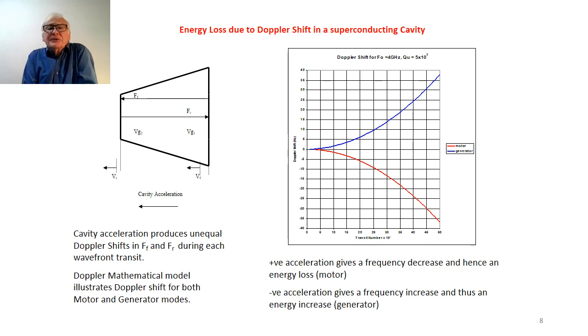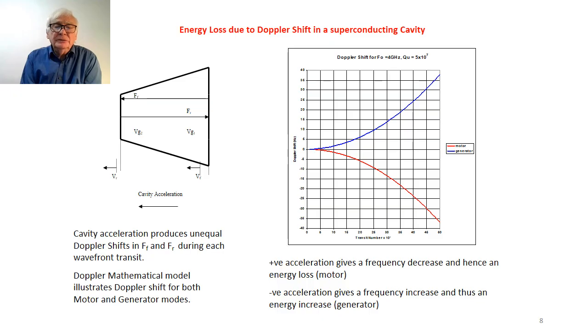So the frequency goes down, basically. So if you're accelerating the cavity, the frequency goes down, and thus you are introducing an energy loss because you're simply decreasing the frequency of the electromagnetic wave. And this is the thruster operating in what we term its motor mode.